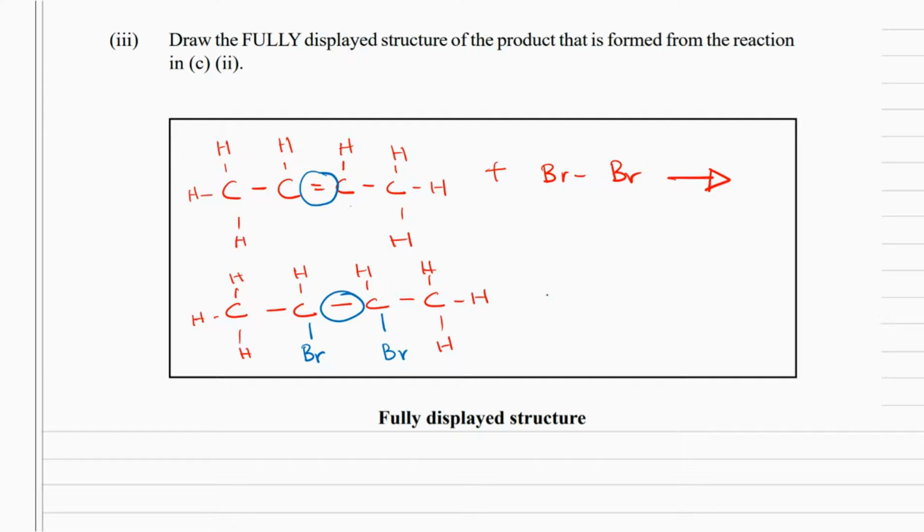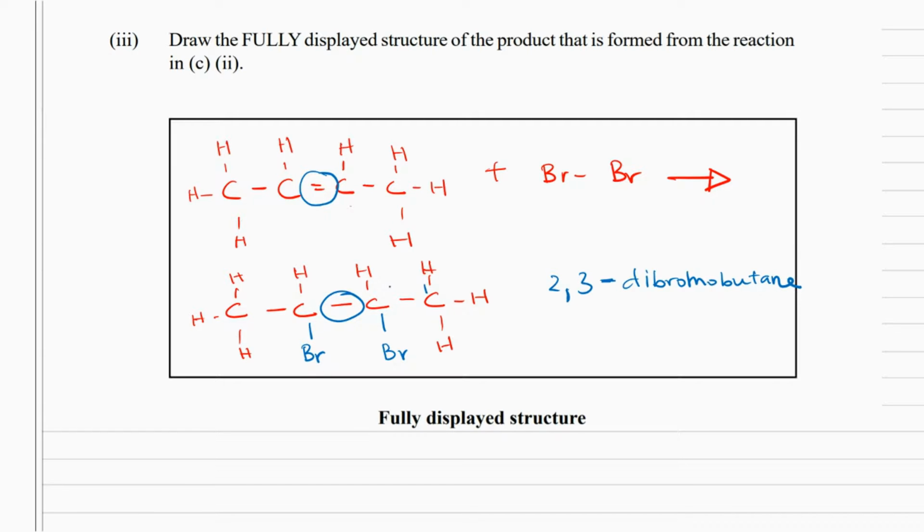All right, and of course this is 2, 3. We use commas to separate numbers, and we use hyphens to separate the numbers from the letters or the name itself. So it's 2,3-di, because it's 2 bromine atoms: dibromobutane. 2, 3 because the bromine atoms are on carbon numbers 2 and 3.